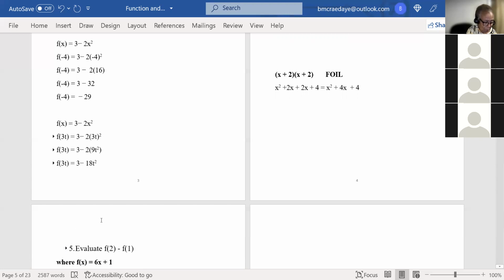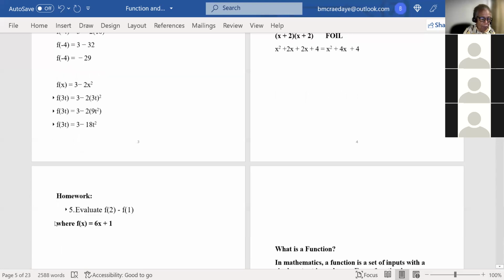This is your homework. Okay. One question. I gave you a function and I want you to find f of 2. And I also want you to find f of 1 and then subtract them.